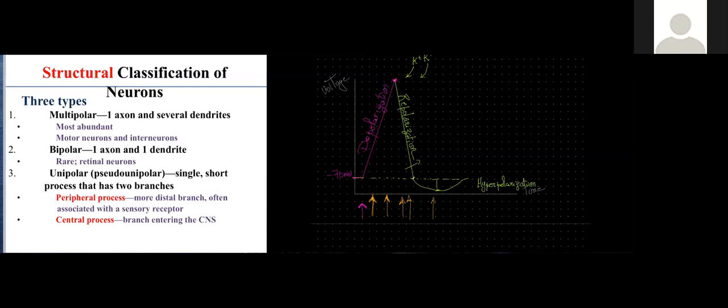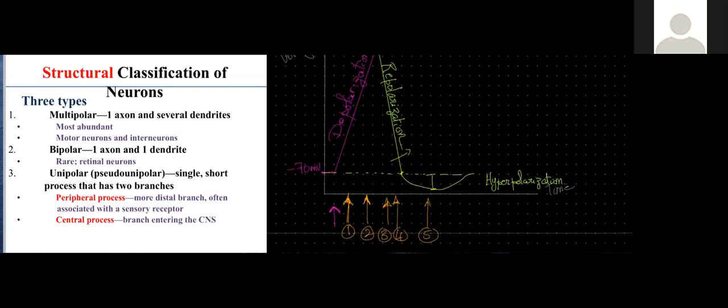If I give you numbers on here, 1, 2, 3, 4, and 5: when would I be able to respond to another stimulus?